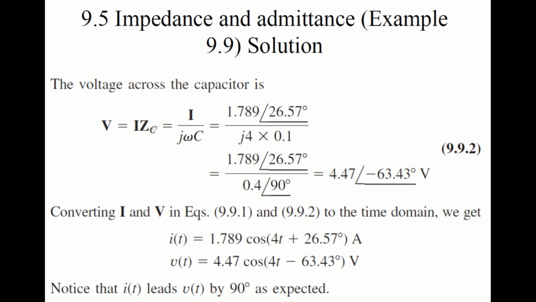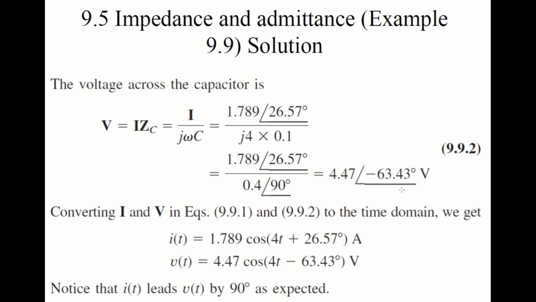We know Z of the capacitor is 1 over jωC, so I is divided by jωC. You insert all the numbers over here, and finally you can get the value of the phasor voltage. You can just use a calculator to divide or multiply these numbers.